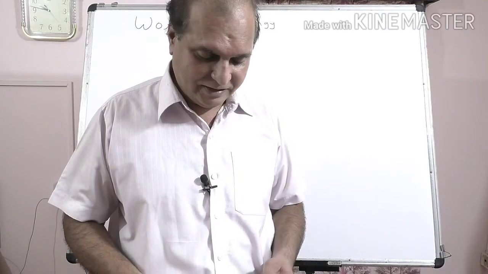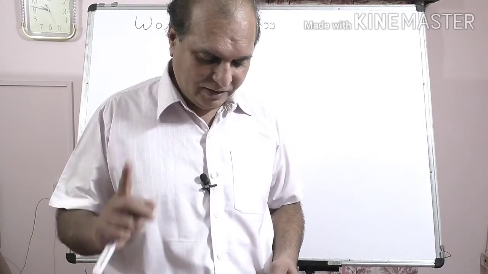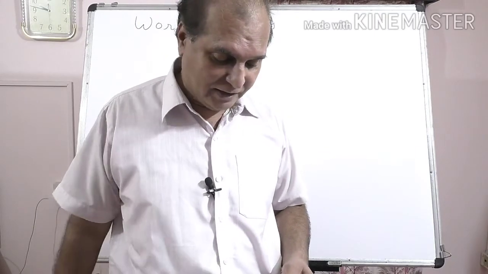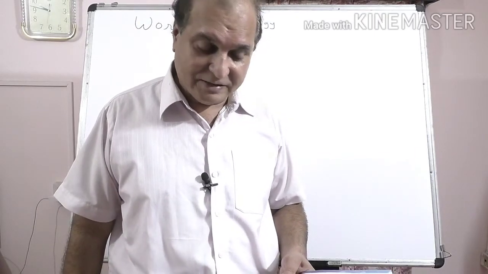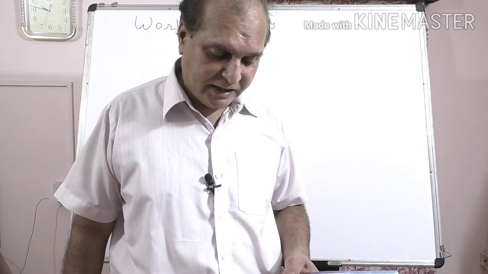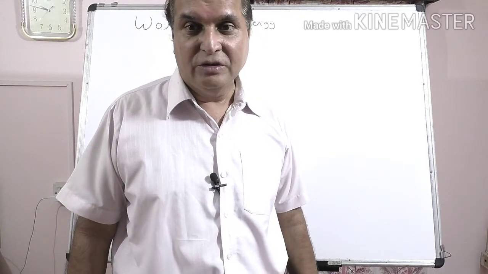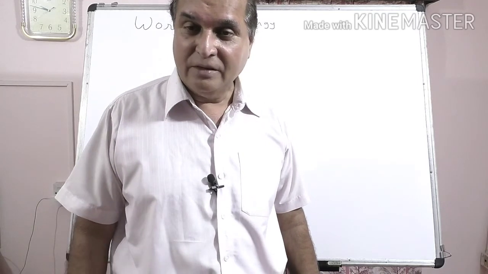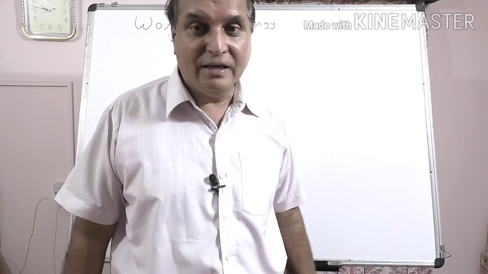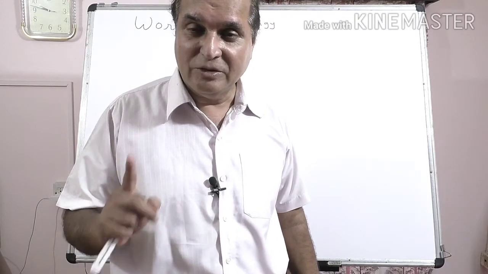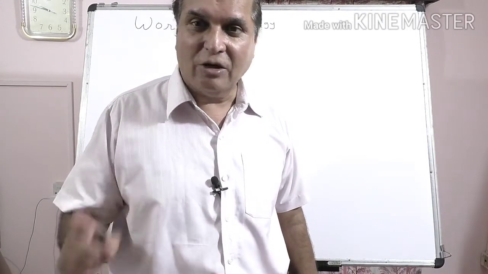Next, fourth question, D. Question 1, D. Determine the amount of work done when the object is displaced at an angle of 30 degree with respect to the direction of applied force. Force, displacement, 30 degree angle. So work done is Fs cos theta, force into displacement into cos theta.